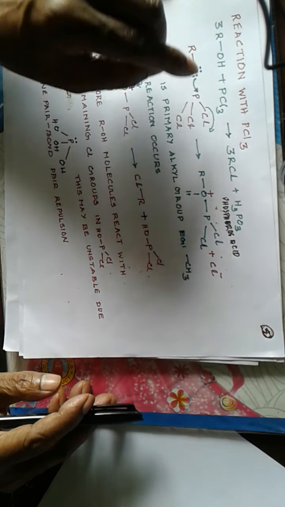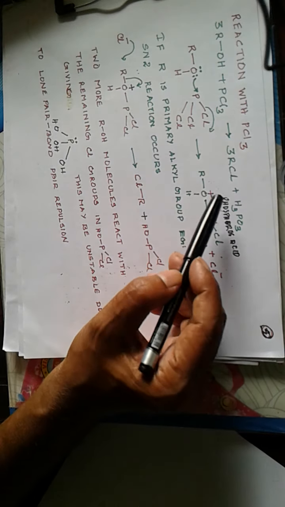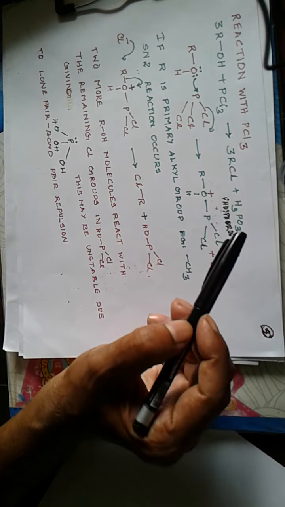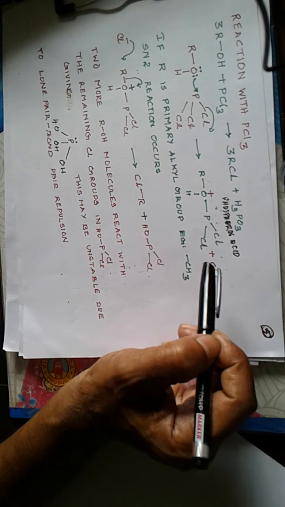As usual, the lone pair of oxygen is given to phosphorus, and Cl is removed as Cl⁻. Then we get ROH⁺, PCl2 plus Cl⁻.